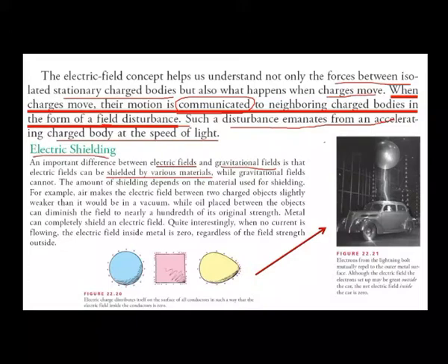However, in the electric field, there's what we call shielding, meaning we can try to cover such that at the other end of that covering, there is no more electric field.